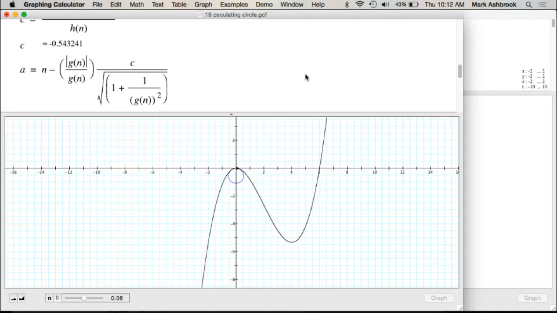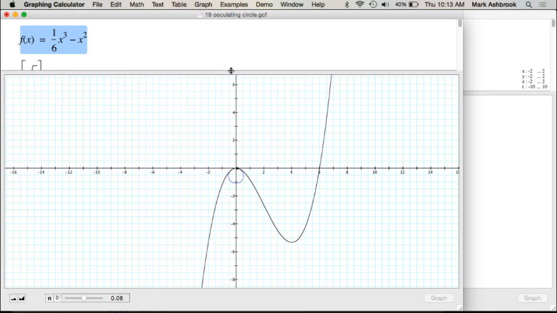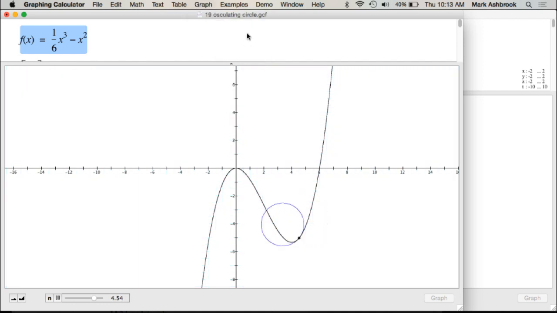So with this comes an idea called an osculating circle. So here's an R2. Given any point on a curve, there is a circle that's like the tangent circle.